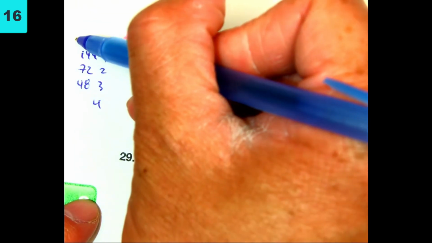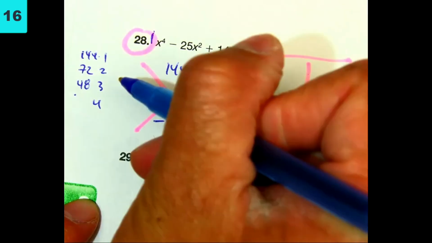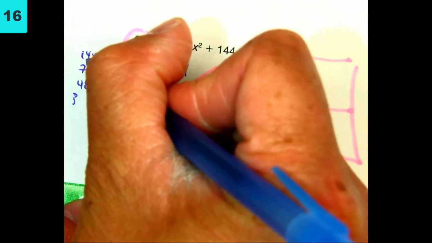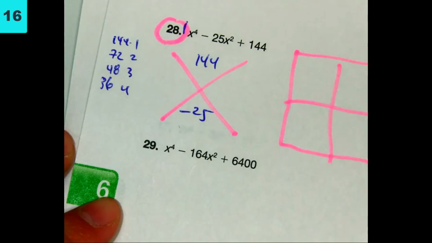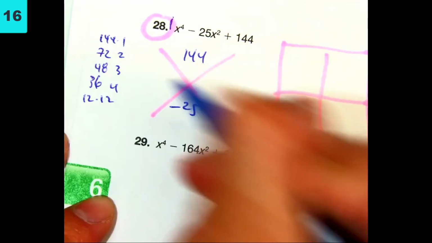3 times 3, 2, 38? No, that doesn't work, does it? 30, then 2, 6, 36. Anything? 12 times what? 12 times 12? Does that work?